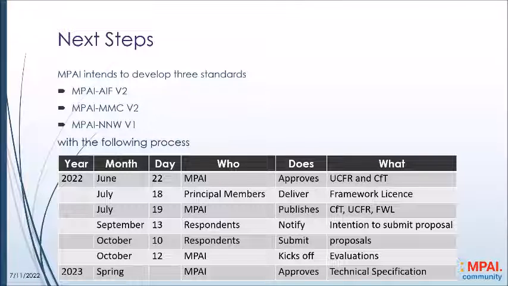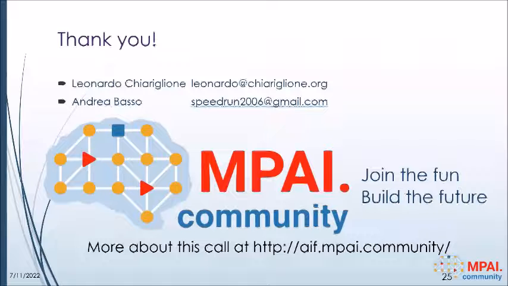By October 10, the proposals need to be submitted. They will be evaluated, and we'll start immediately with the evaluation. The kickoff is October 12, and then by spring 2023, the plan is to have a V2 specification that includes all the security components.